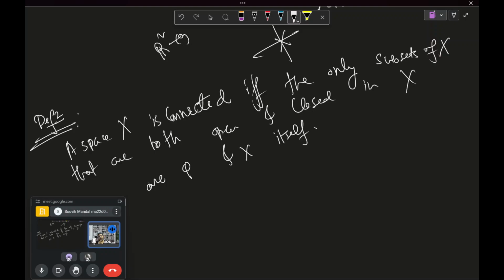A space will be connected if and only if the only subsets of X which are both open as well as closed are the empty set and X itself.